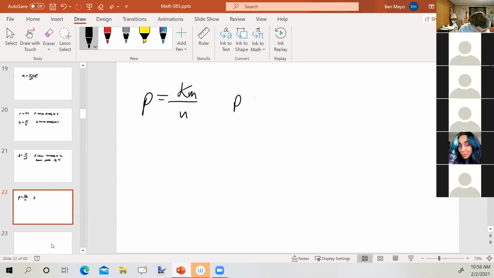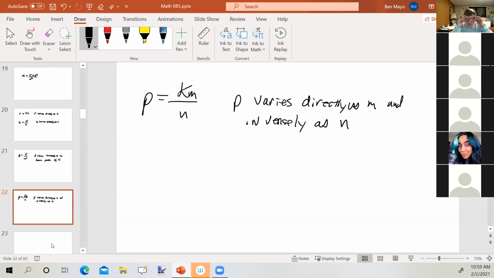P varies directly as M and inversely as N.